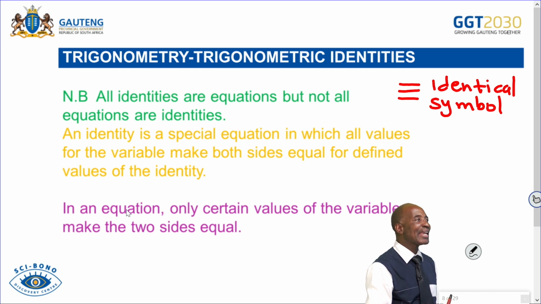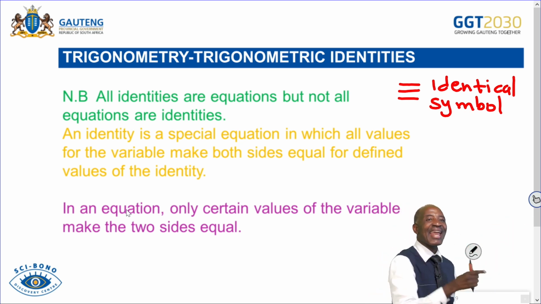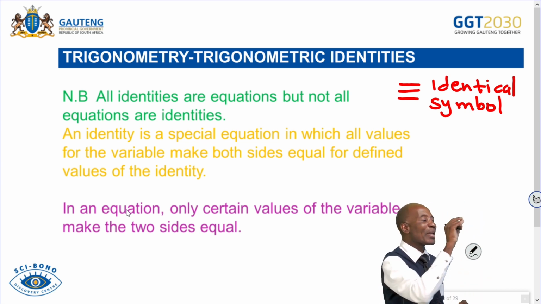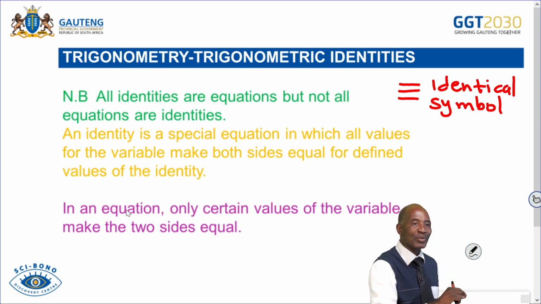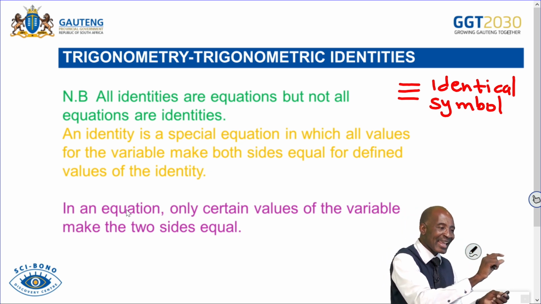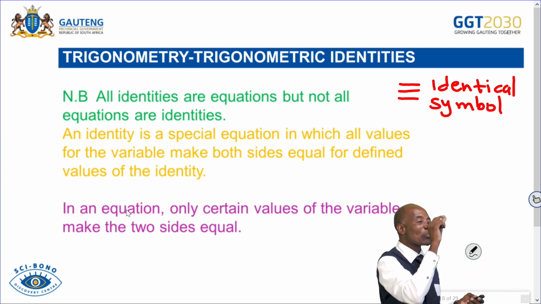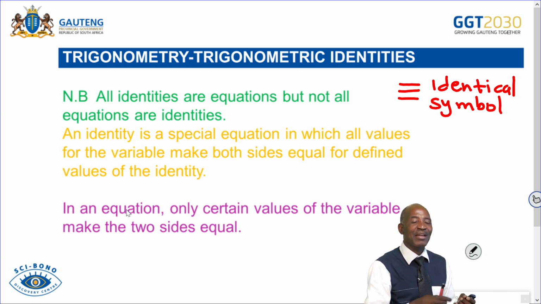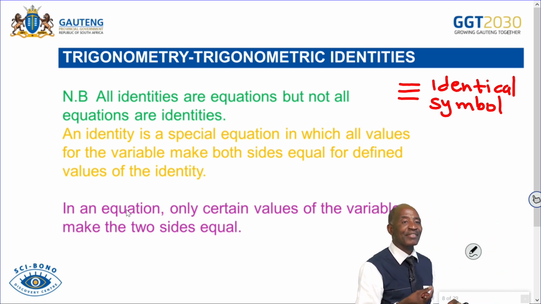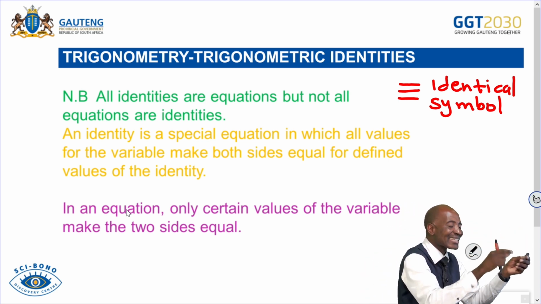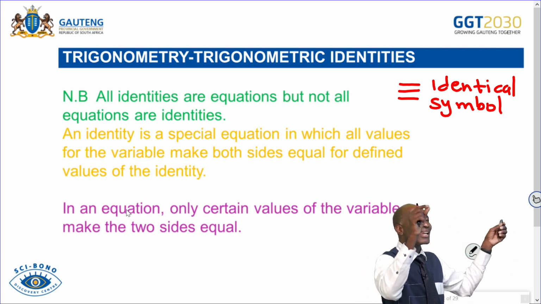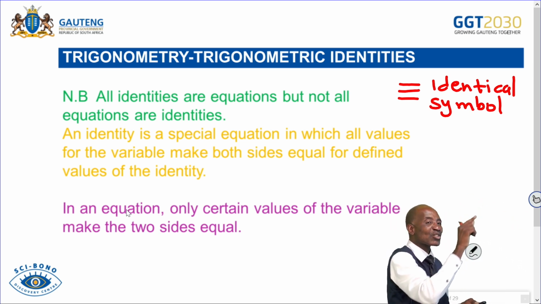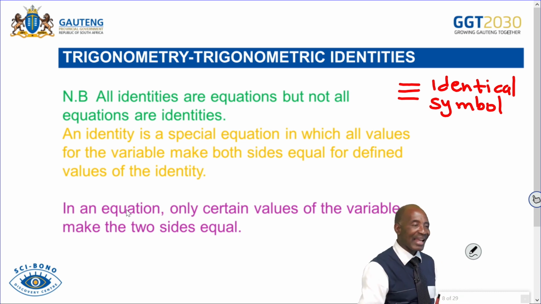What does this mean? It means in an identity, any value for the defined part of the identity will make the statement true. It doesn't matter which angle you use, the statement will be true, especially in the region where the functions are defined, because there are some that are not defined in specific positions. But for all those that are defined in a given domain, any angle that you use, the two sides will always balance.